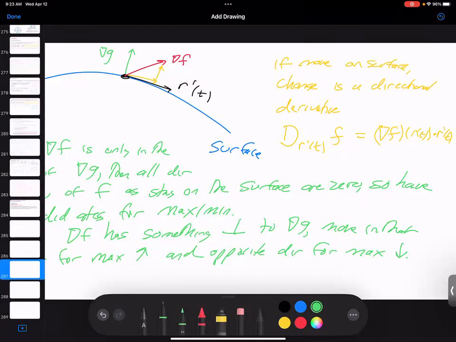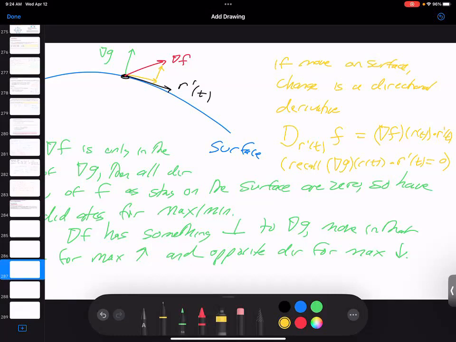But we know, remember, recall the gradient of g at r of t dotted with r prime of t is equal to 0. We know the normal to the surface is perpendicular to every tangent direction.